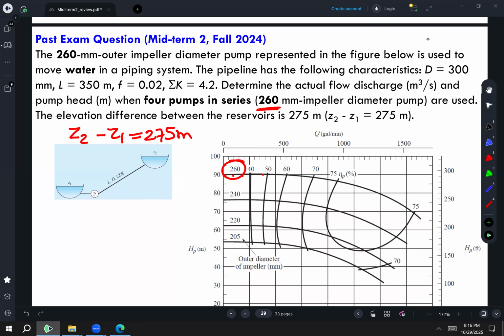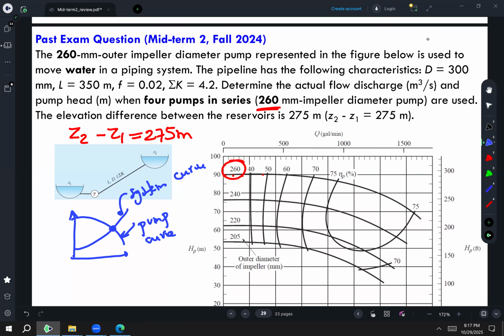So again, whenever we have problems of pumps, we have to find the intersection between the pump curve and the system curve. So this is the pump curve, and then this is the system curve. The pump curve is always going down, and the system curve is going up.